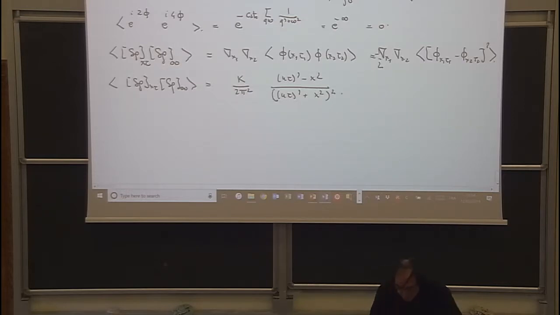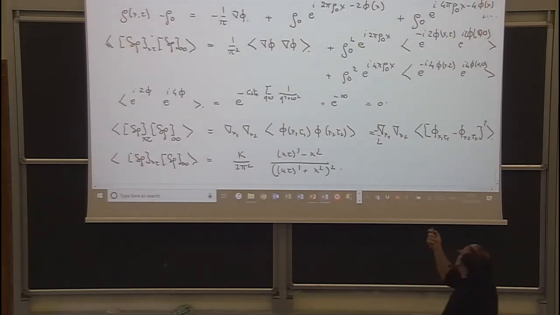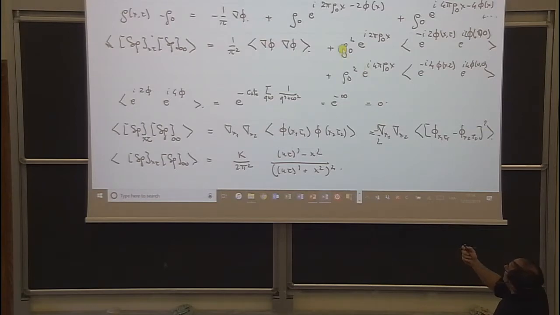And this is the part that is coming from the gradient. Now what happens with the part which is coming from this other term? You see that I get a part which is oscillating.